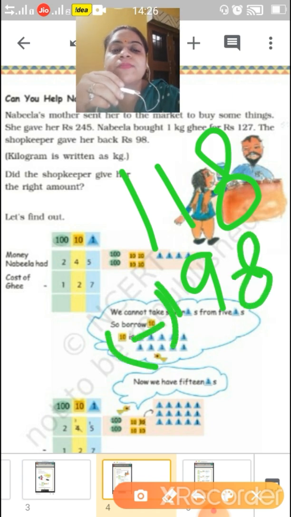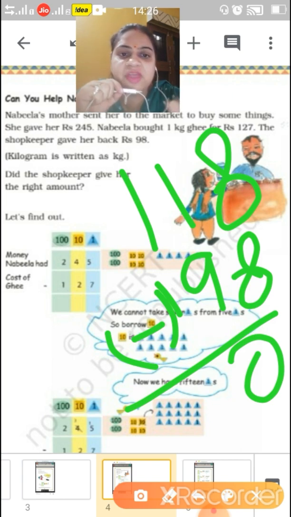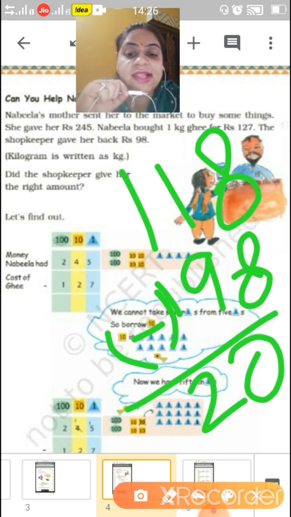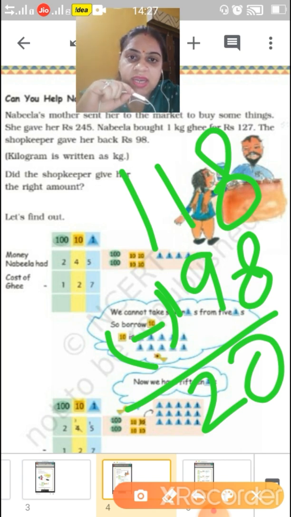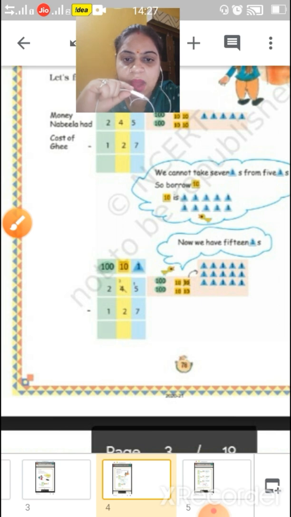So children, can you tell how much less she got from the shopkeeper? 20 rupees less. He has to give 118 rupees, but he has given 98 rupees. So the shopkeeper has not given the right amount.